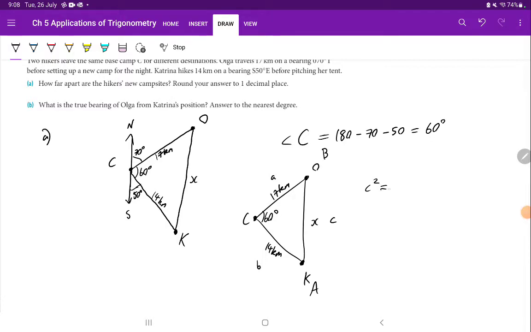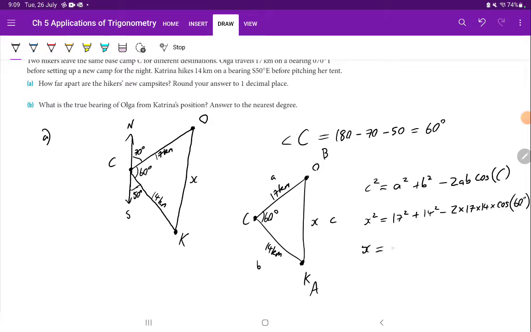So c squared is equal to a squared plus b squared minus 2ab cosine c. And that's angle c. So x squared is equal to 17 squared plus 14 squared, take 2 times 17 times 14 times cosine of, and the angle we were given is 60 degrees.